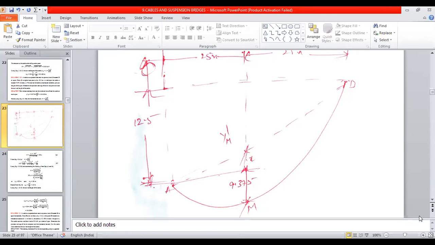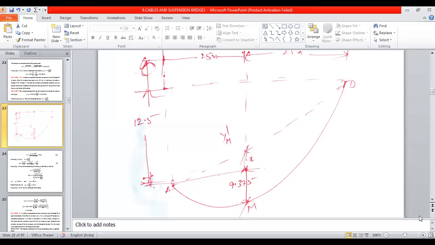Those ropeways are not intended to cater to vehicular traffic, and pavement and floor system and stiffening girders and hangers are not required. So in such a system there is no need for pavements, no need for horizontal floor systems, and no need for stiffening girders, no need for hangers.